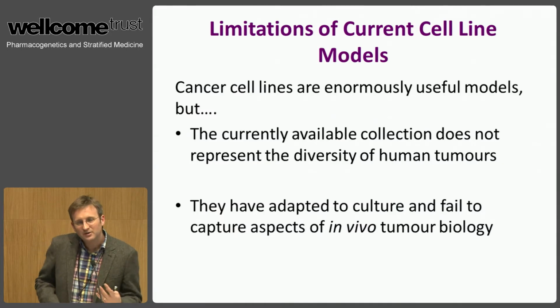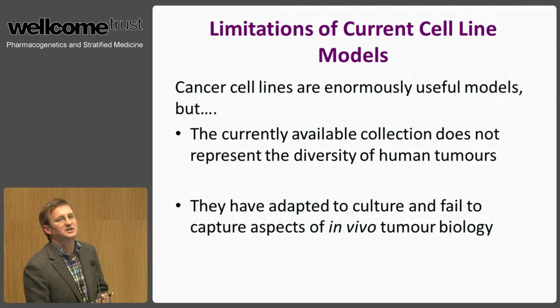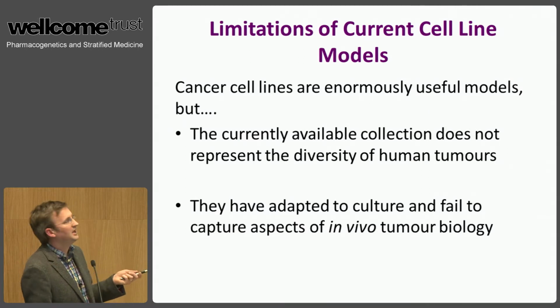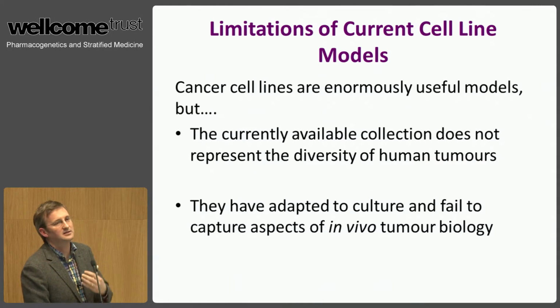So I've talked a lot about cell lines, and as I've said, we feel they're an enormously useful model, but they do have a number of drawbacks that I think many people in this room will be aware of. I've just highlighted two here. One is that it's quite clear that this currently available set just really doesn't capture the diversity of tumors that we know exist in patient populations.